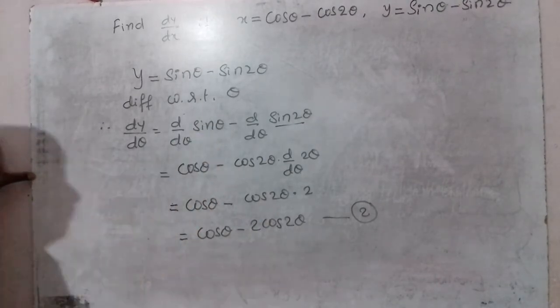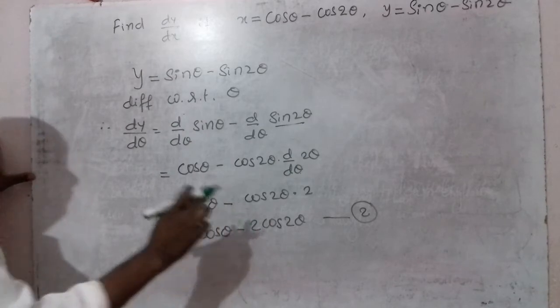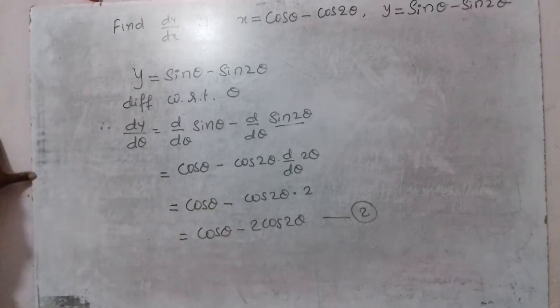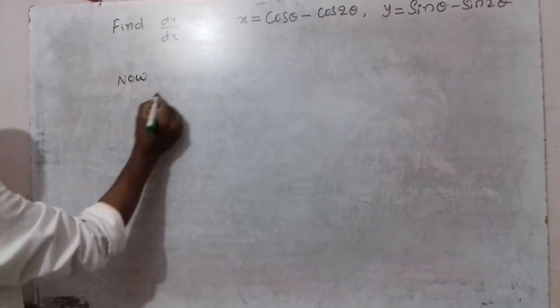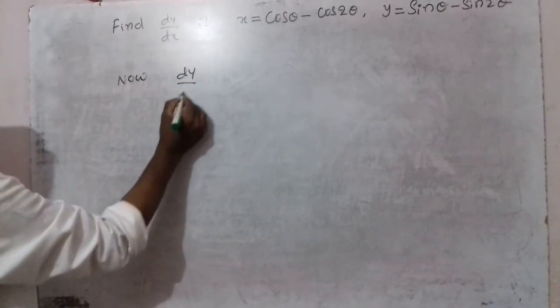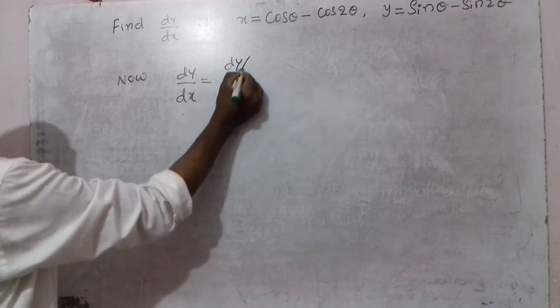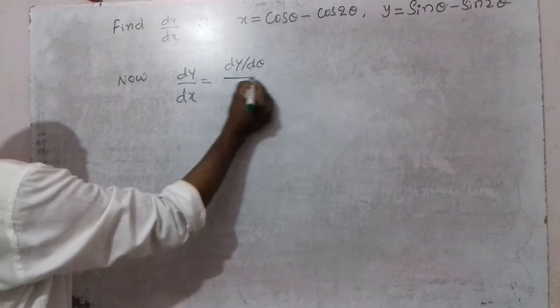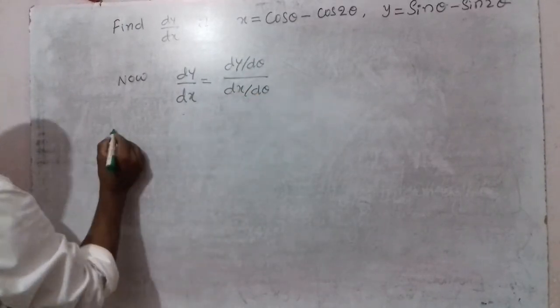So now to find dy by dx, put 1 and 2 in the relation dy by dx equals dy by d theta divided by dx by d theta.